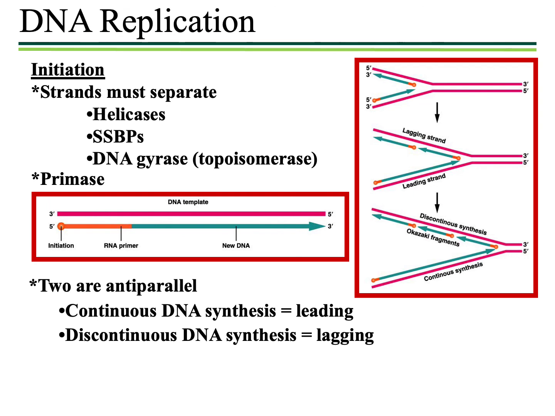The solution for this is to have what's known as discontinuous DNA synthesis. DNA synthesis in short bursts, and this occurs on what's known as the lagging strand. These short bursts of DNA synthesis are known as Okazaki fragments, and they are named after the scientists who discovered that this is how DNA synthesis was occurring on what's known as the lagging strand.